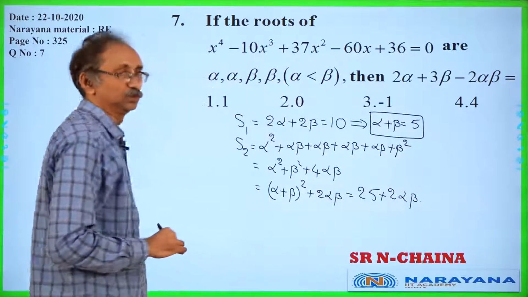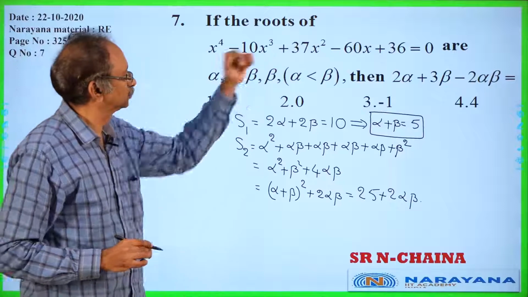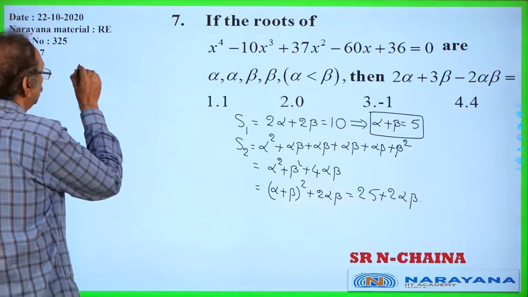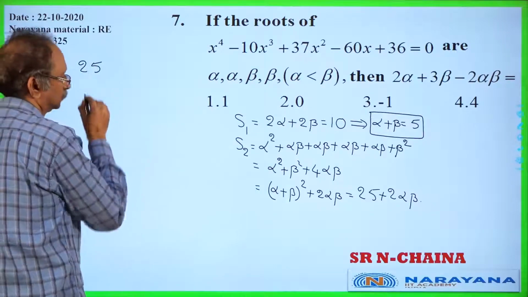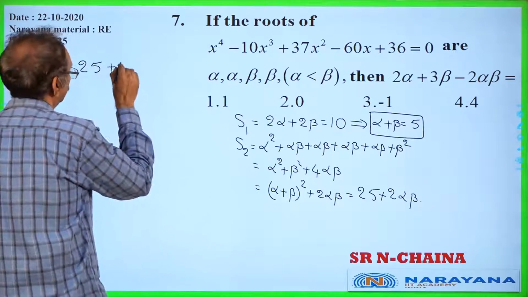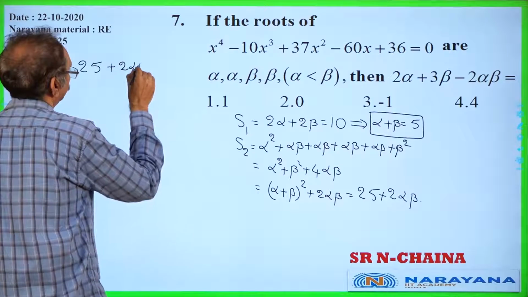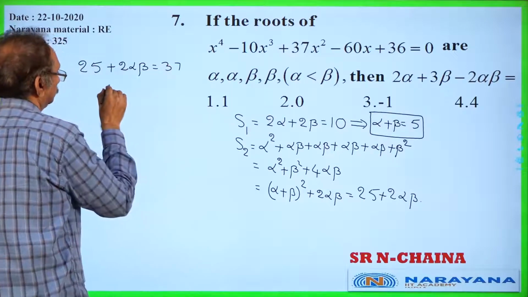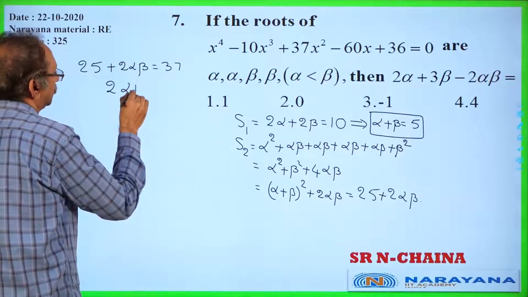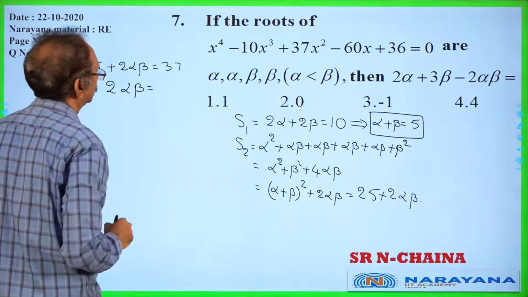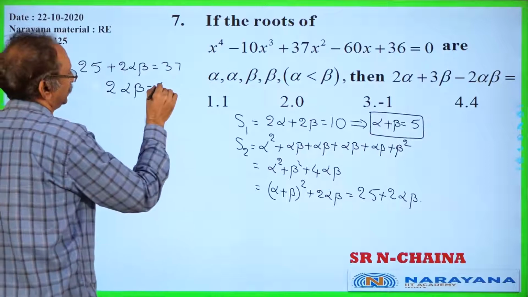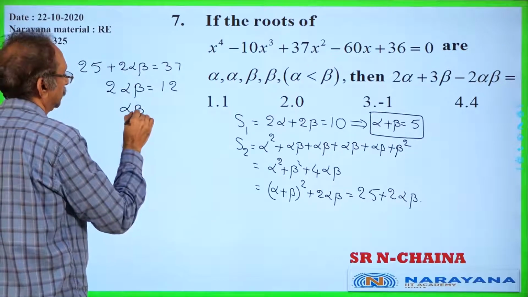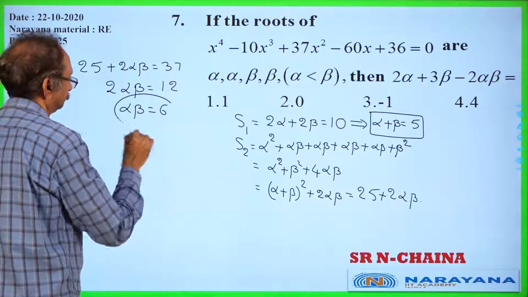So, this is S2. But see, what is S2? 37. And therefore, 25 plus 2 alpha beta is equal to 37. So, 2 alpha beta is equal to what? 37 minus 25, that is 12. So, alpha beta is equal to 6.